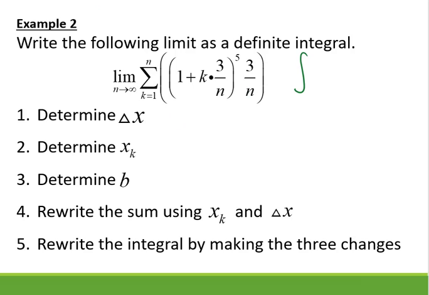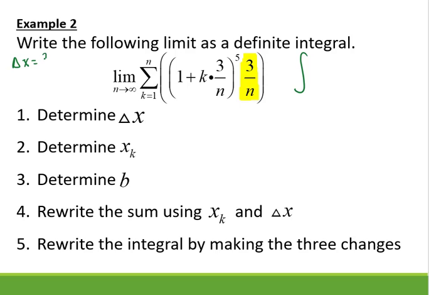something that looks like some number over n that's not associated with a function. And that's right in here. So here I figured out my delta x is 3 over n.